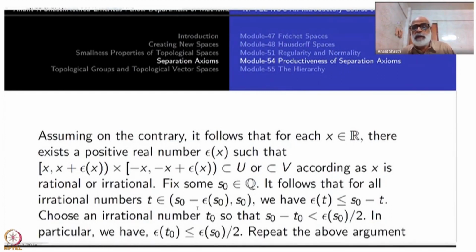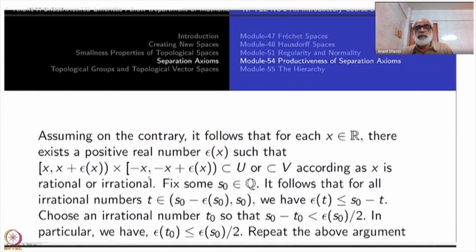Once they are open, it follows that for each x inside R, there exists a positive real number epsilon x, such that (x, x plus epsilon x) open, cross another one, (-x, -x plus epsilon x) open. See, these are points of our R_L, and this is the product topology, right?